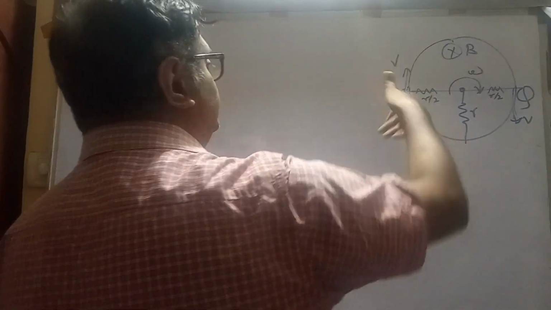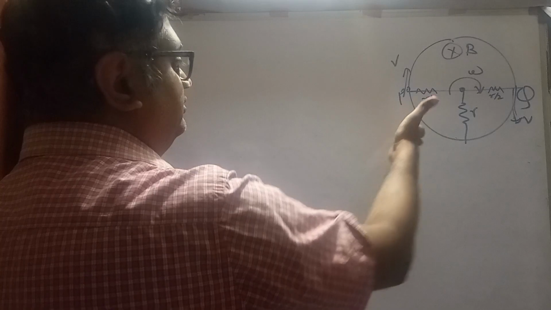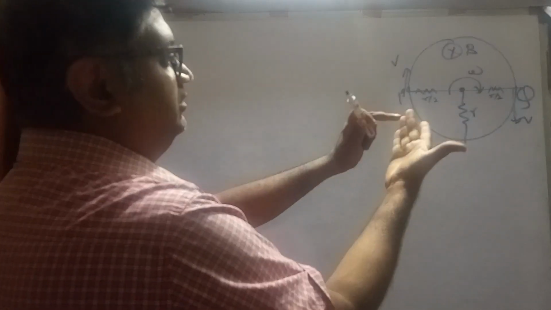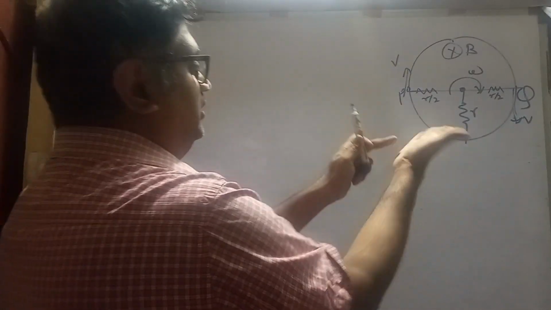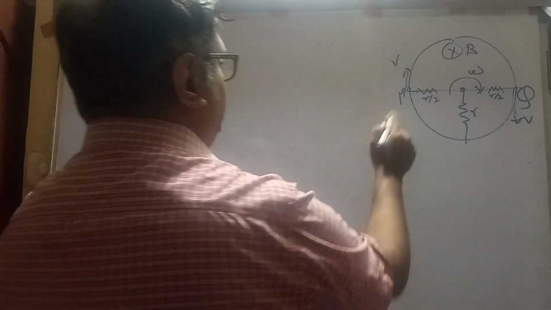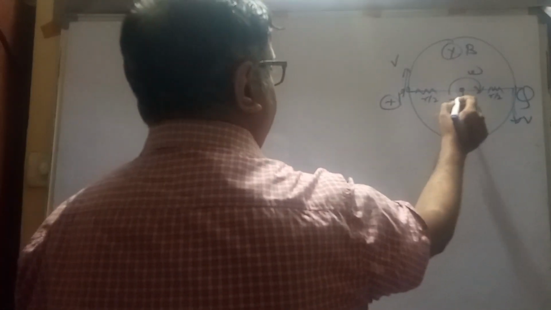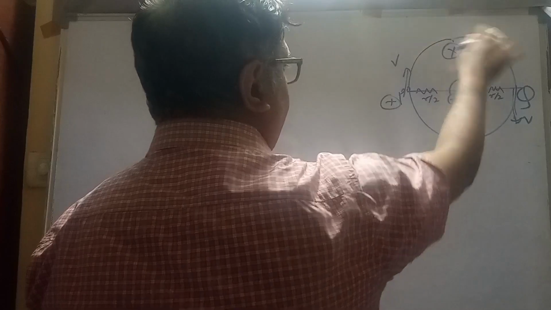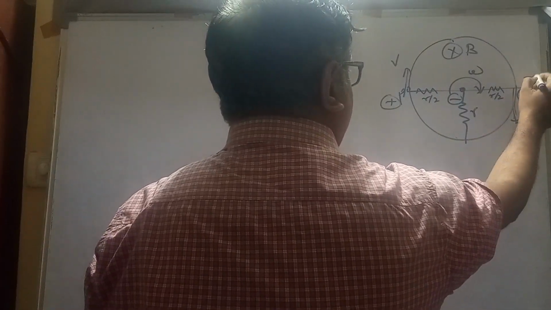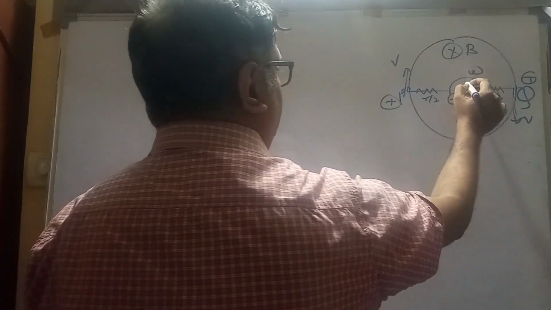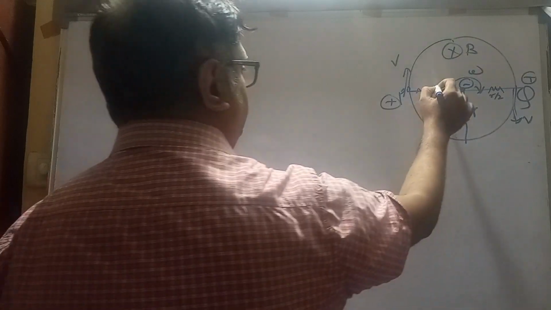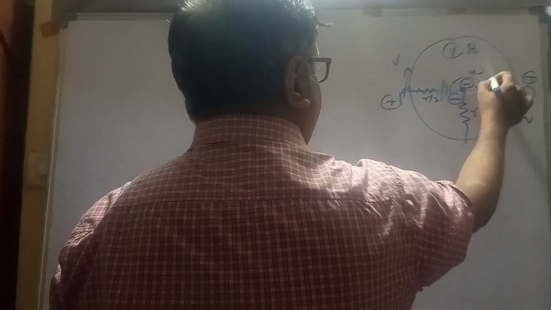So the motion is in this direction, so you can see the motion is in the upward direction, these fingers pointing towards the B. So this side you will have the high potential and this side you will have the low potential. Similarly, when you come this side towards the rim side, you will have high potential, and towards this side you will have low potential. So the figure will be something like this.